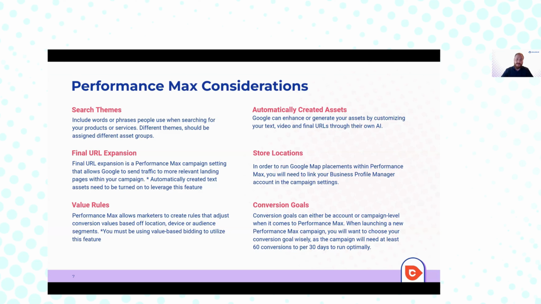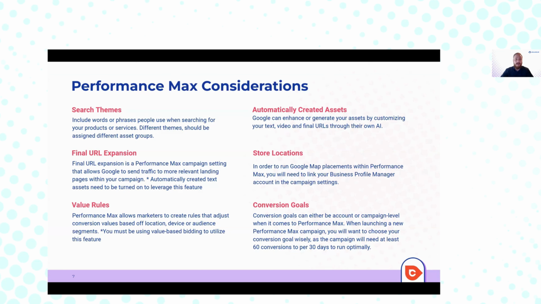Another setting within Performance Max is automatically created assets. Google can leverage their own artificial intelligence and build, enhance, and generate your assets by customizing your text, video, or your final URLs. Speaking of this leads me to my next setting, which is final URL expansion. In order to use the final URL expansion, you need to have automatically created assets turned on.